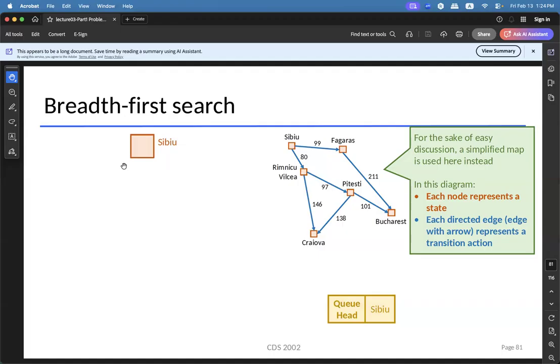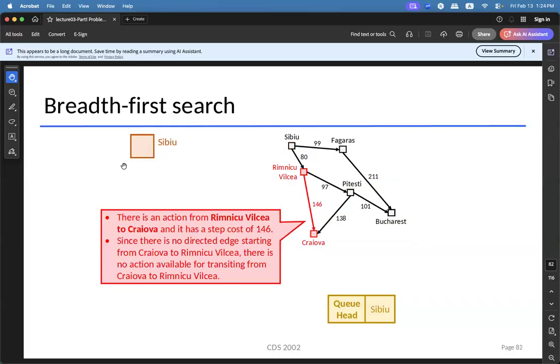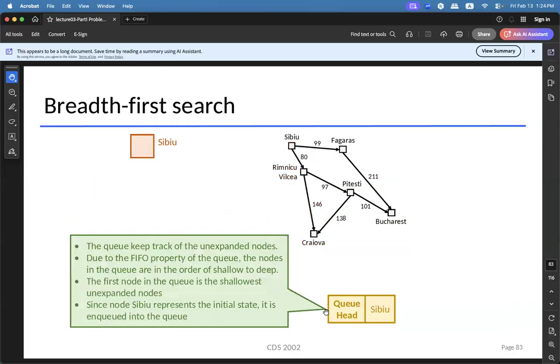If you take a look at the fringe, it also has Cebu as the first element pushed into the queue. Because Cebu is the only node in the queue available for exploration, Cebu is removed from the fringe and we take it for exploration.